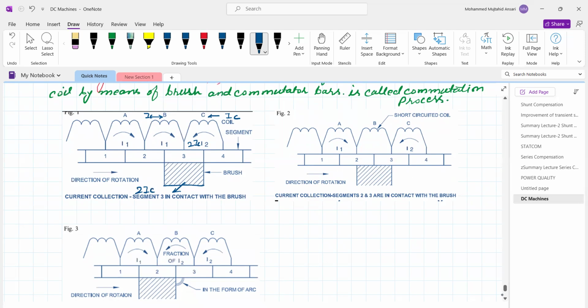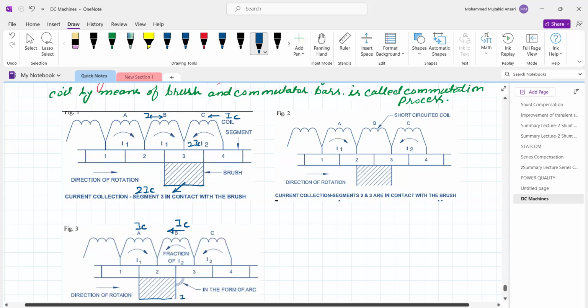But now half of the current is going to flow here and half is going to flow here. It means that the current in coil B changes. Now see here, the current direction is totally changed in coil B. So this is IC and the current direction here is IC as well. Therefore, the total current is again twice IC. So here the reversing of the current takes place. One more position we will take, if you consider that this is the commutator segment.